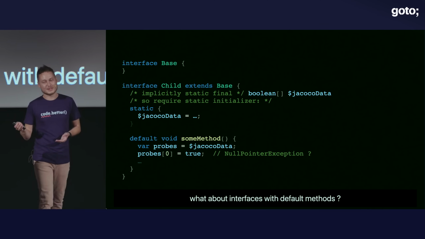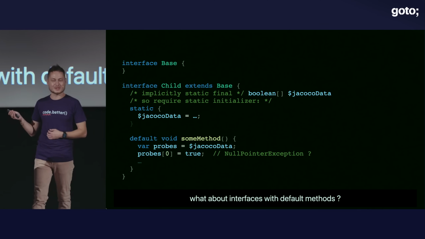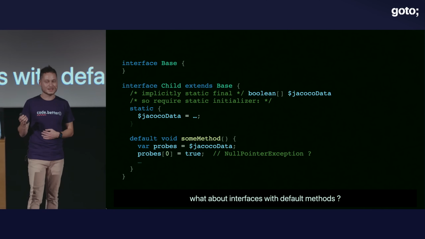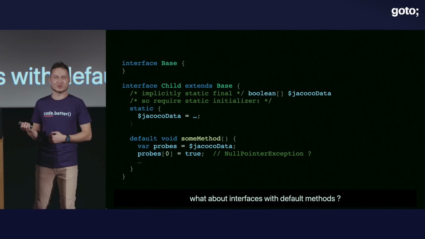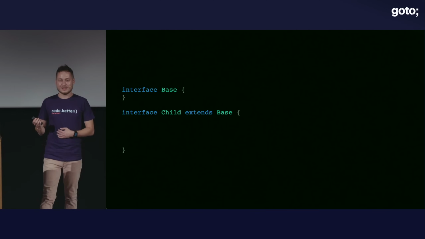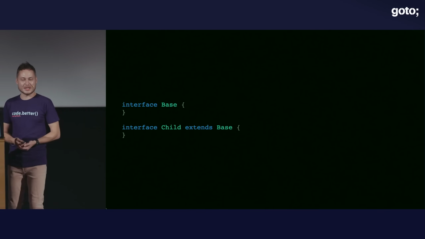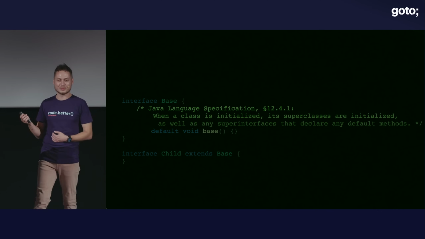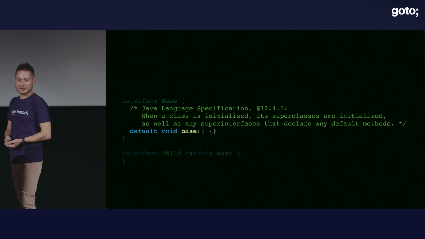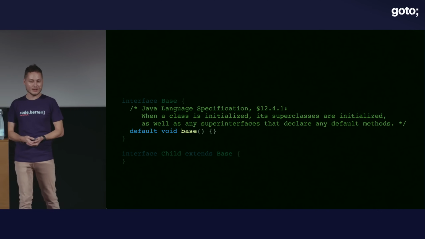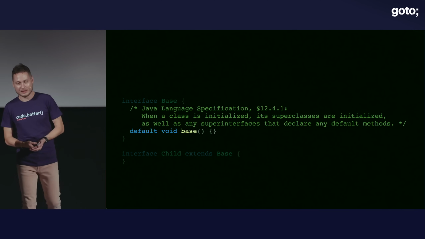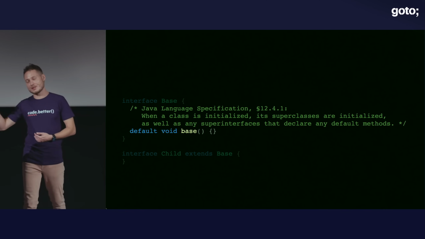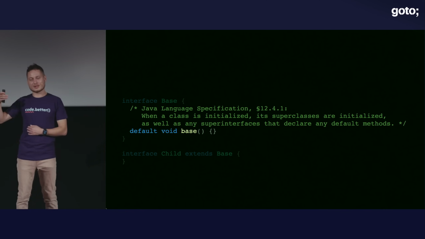Before we do anything with this, let's first figure out whether there is a problem of cyclic initialization and not initialized class, whether there is problem at all to solve or not. So we have interface base, we have interface child extends base, super simple. In the base, we need to trigger initialization. So to trigger initialization, we need to trigger initialization of a child and a base.